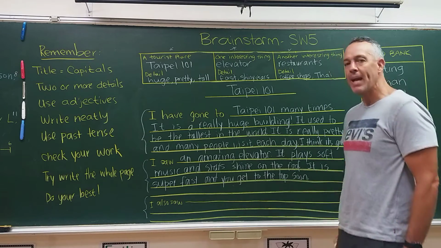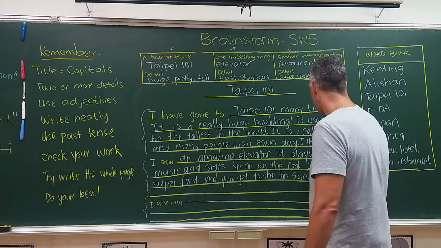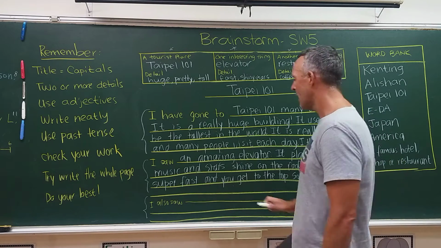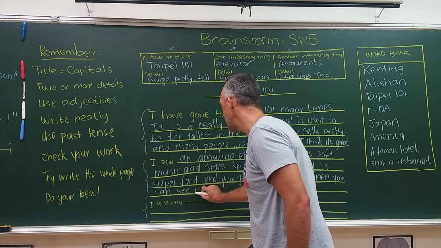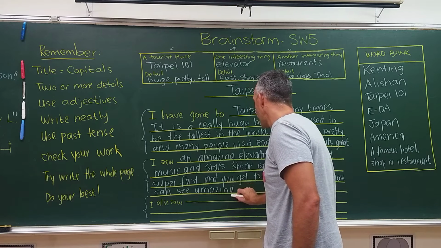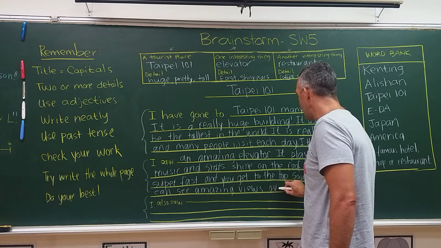Yeah? And maybe I can give an opinion about what it's like once you're at the top. Yeah? So maybe I'll say something like, then you can see amazing views over Taipei.